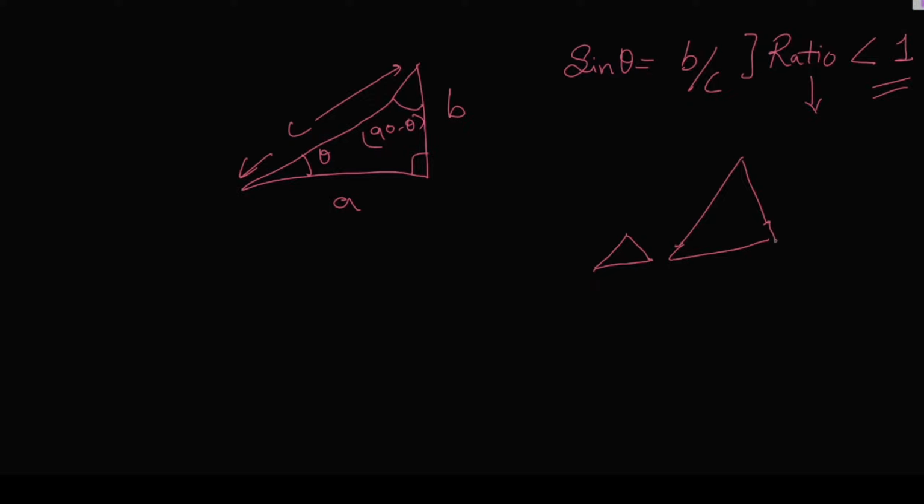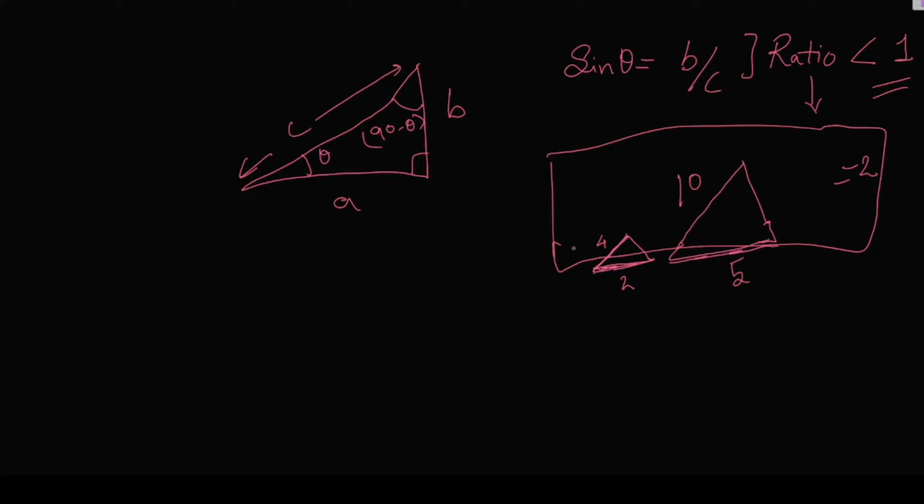So what you will find is the ratio of this to this and the ratio of this to this would be the same. For example, if this is 10 and this is 5, so the ratio is how much? 2. So in your replica it will be 4. If this side is 4, then it will be 2. So that's why it's a replica. So this is just a ratio. We need to understand what a ratio is. That's why I'm trying to make you understand what exactly the ratio is, right?